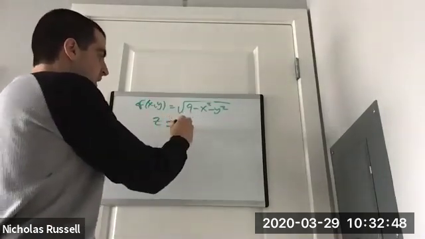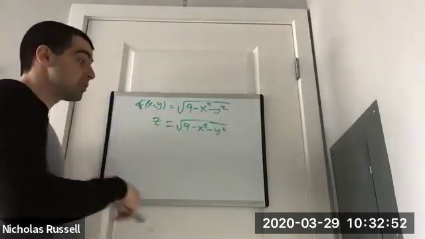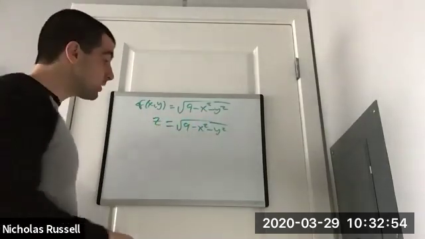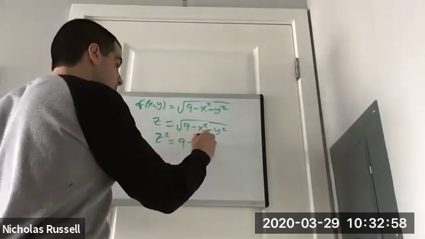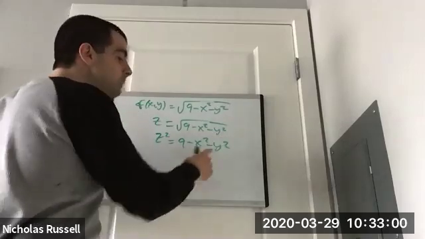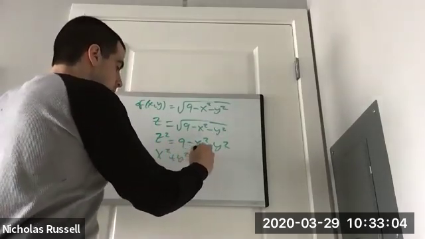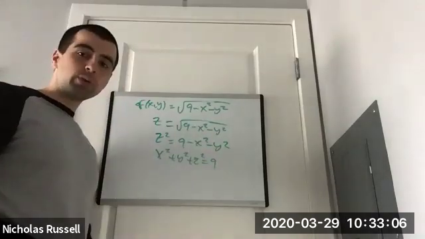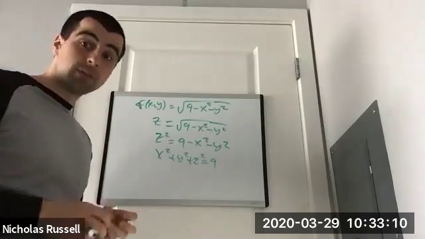It's the same exact thing. This is my height, so I can think about it that way. If I square both sides, I get z squared is equal to 9 minus x squared minus y squared. And then lastly, I move this over, and I get x squared plus y squared plus z squared is 9. You can see that this is probably a sphere of radius 3.